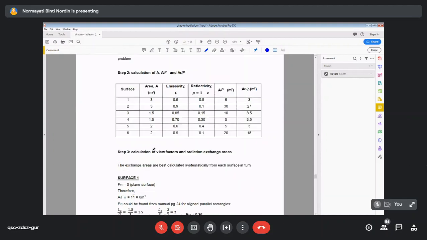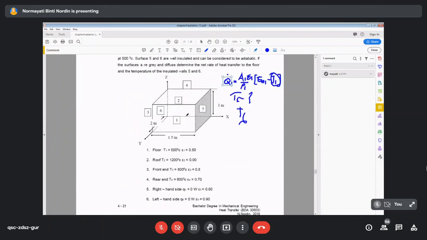Okay, surface 1, you will have 6 sets of exchange area: 1 to 1, 1 to 2, 1 to 3, 1 to 4, 1 to 5, 1 to 6. There are 6 sets of exchange area.